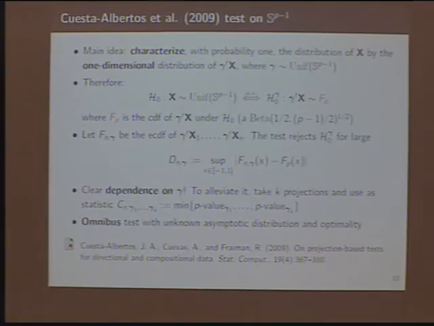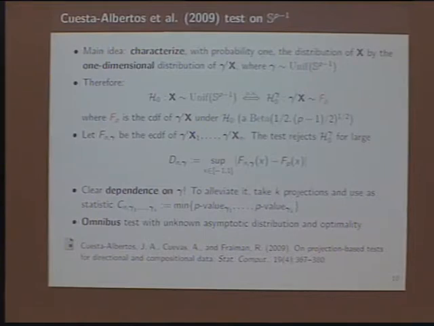All right, so then changing a little bit the ideas, a test for hyperspherical data that is relying on the projection paradigm is the one by Cuesta-Albertos in 2009. And the idea is to characterize the distribution of the random vector through a random projection into the direction gamma, where gamma is chosen to be uniformly distributed.